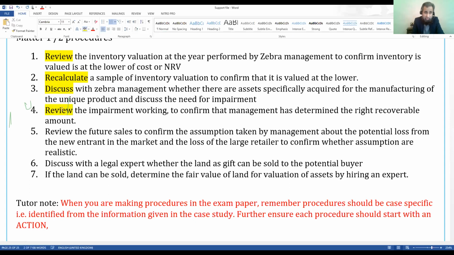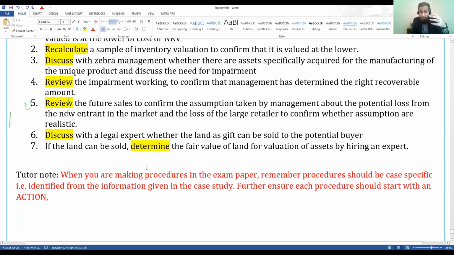Review, action. Review, action. Discuss, action. Determine the fair value, action. So it should start with an action. A procedure without action is useless. So procedure means you are doing something, right? So how would you demonstrate you're doing something?